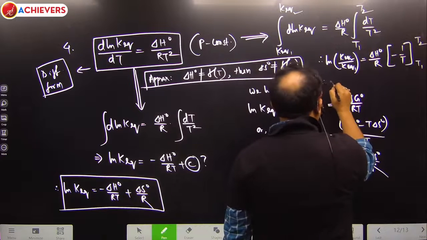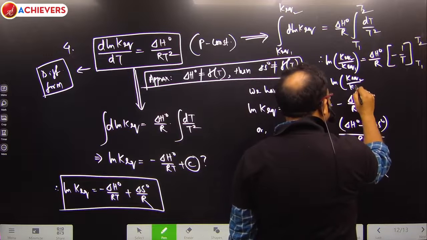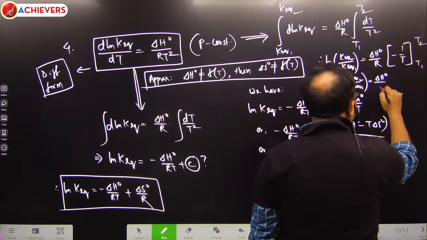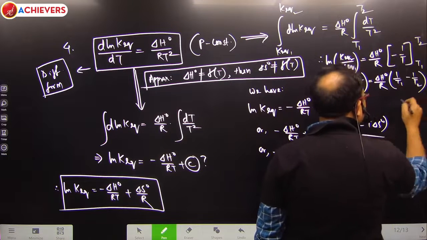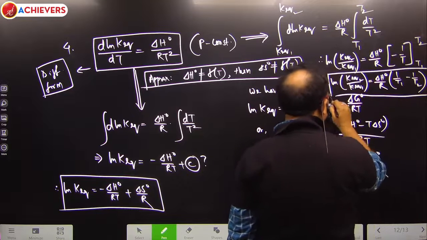So if you substitute it, you will get ln KQ2 by KQ1 equal to delta H0 by R multiplied by 1 by T1 minus 1 by T2. So this will be the expression.